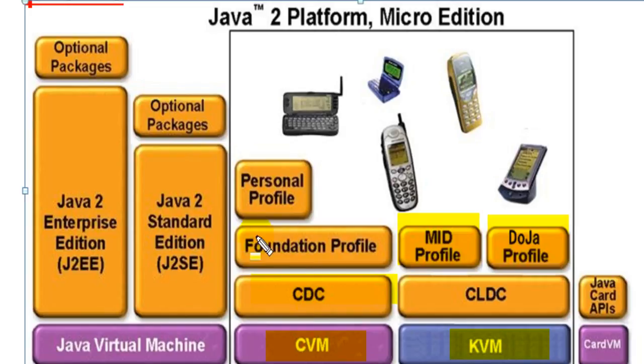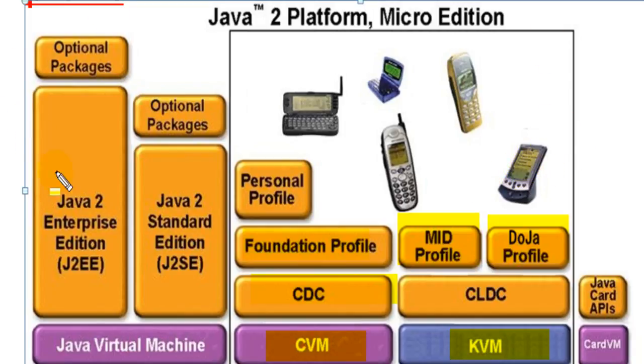If you go to CDC type, they have the Foundation Profile, and on top is the Personal Profile. Then on the top will be the other packages, like messaging packages and advanced networking packages.